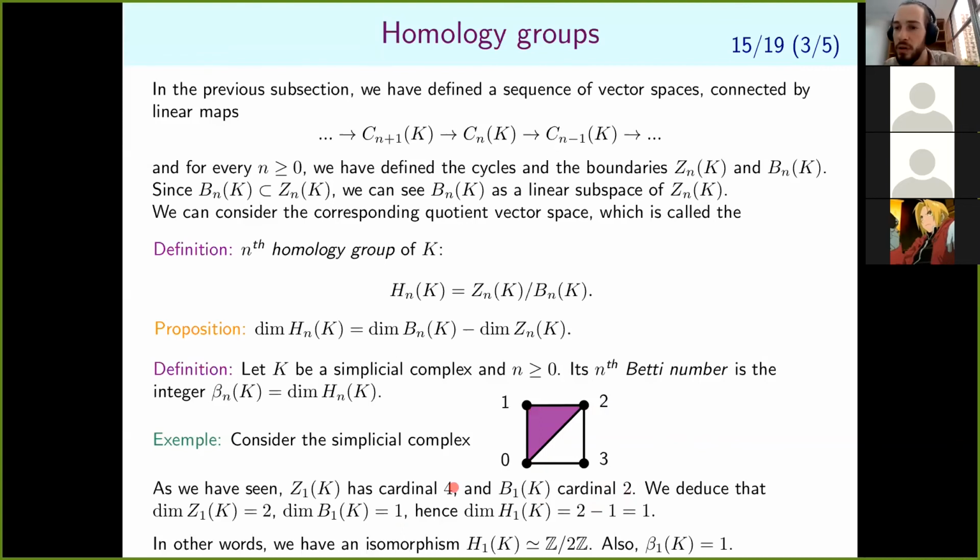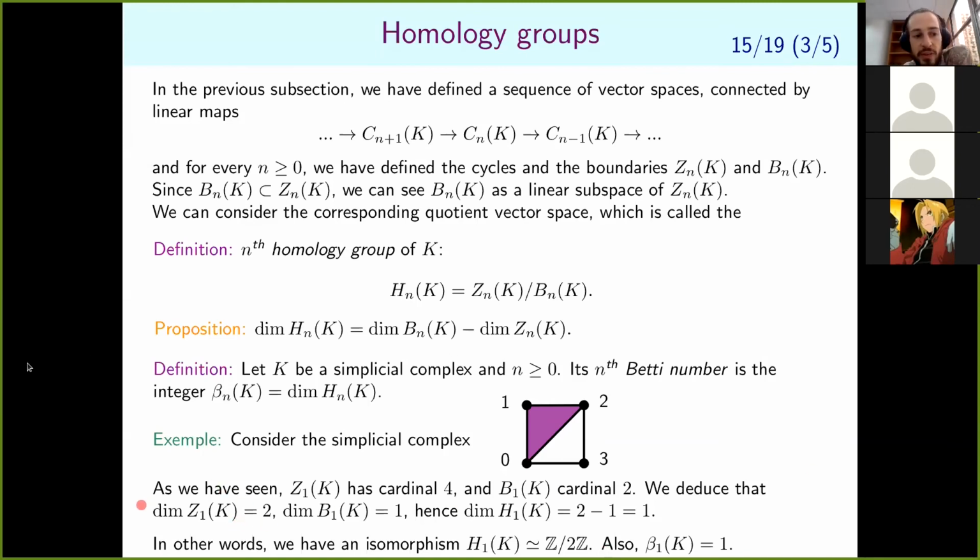No, I gave you a lemma at the beginning. I will write it in the chat. If the vector space has cardinal 2 to the n, then it has dimension n. Because we consider vector spaces over Z over 2Z.